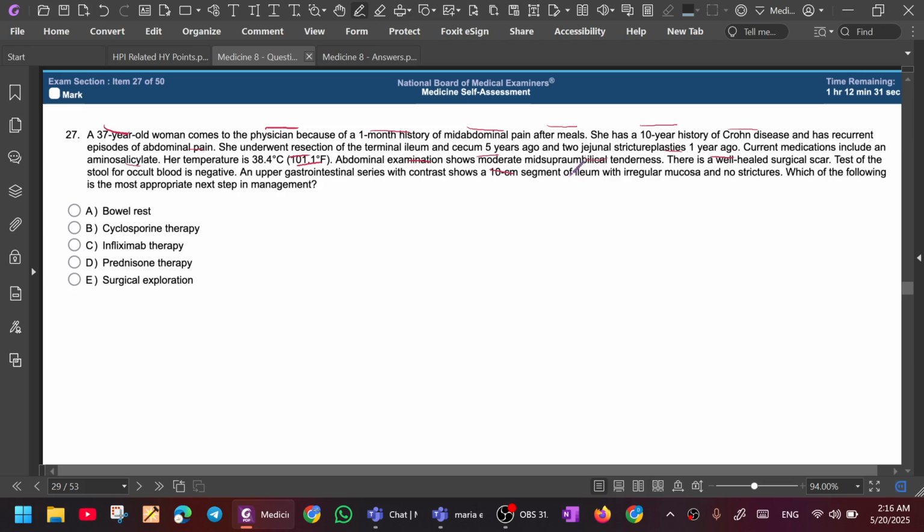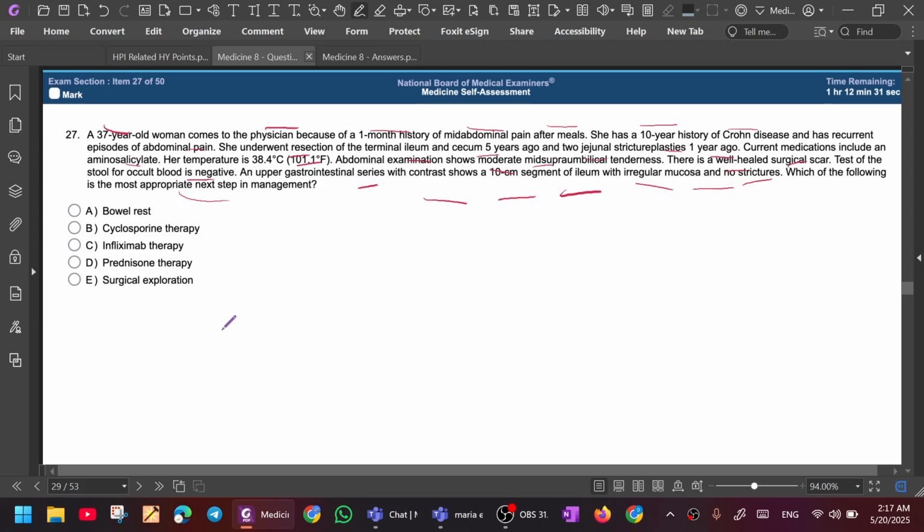Abdominal examination shows moderate mid supraumbilical tenderness. There is a well-healed surgical scar. Stool occult blood test is negative, and upper GI series with contrast shows a 10 centimeter segment of the ileum with irregular mucosa with no stricture. Which of the following is the most appropriate next step in management?